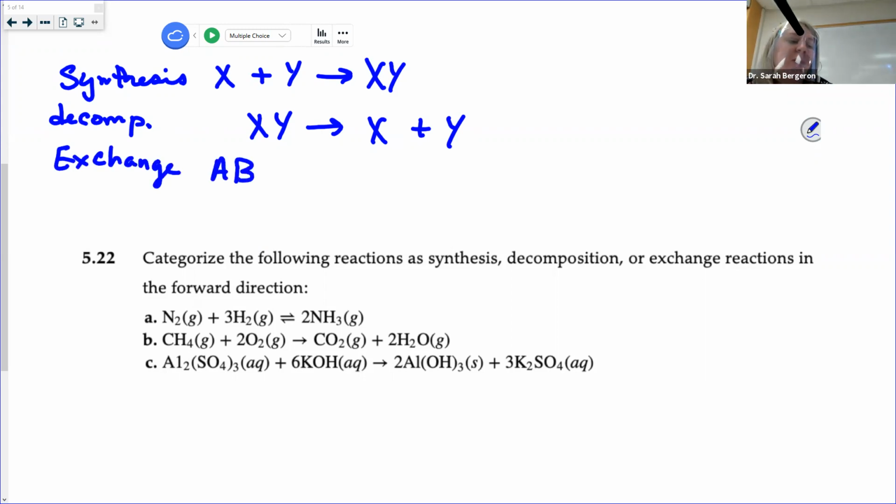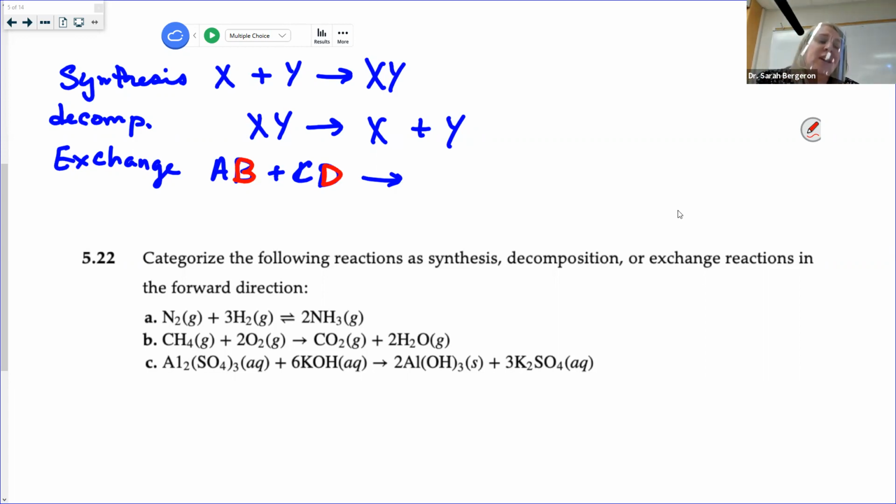Exchange reactions occur when you have AB plus CD. When you have two things already there, so we have two different compounds. Those compounds are typically ionic compounds, so you have like a metal and a non-metal. Your metal is A, your non-metal is B. Your metal is C, your non-metal is D. And then what happens in here is, watch, I'm going to say my metals are blue, my non-metals are red.